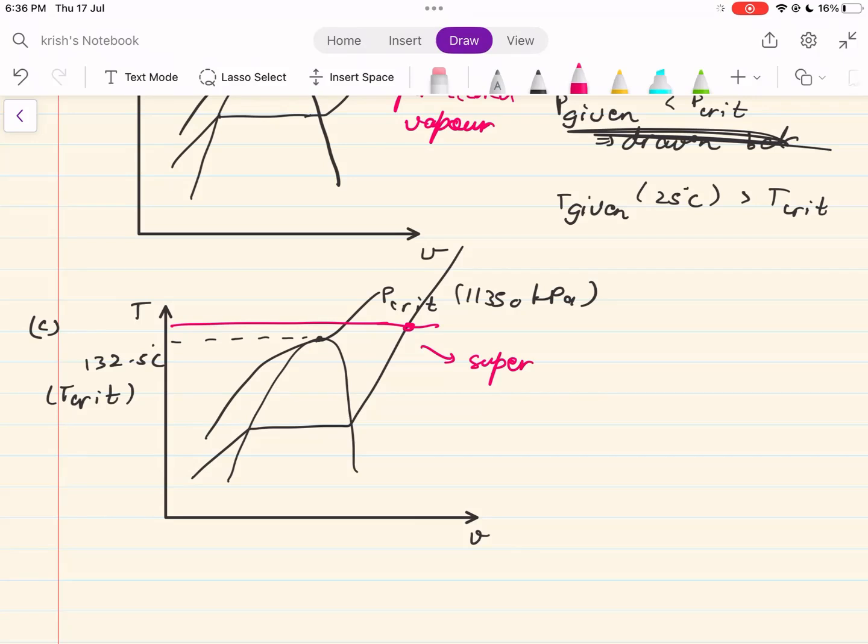So again, it is coming out to be a superheated vapor. Let me just see if I have any more questions for you guys.